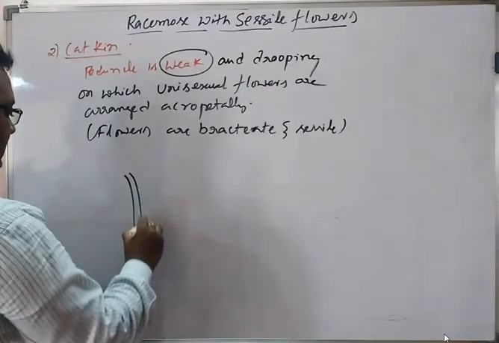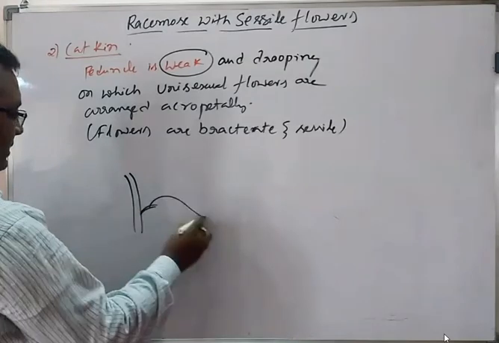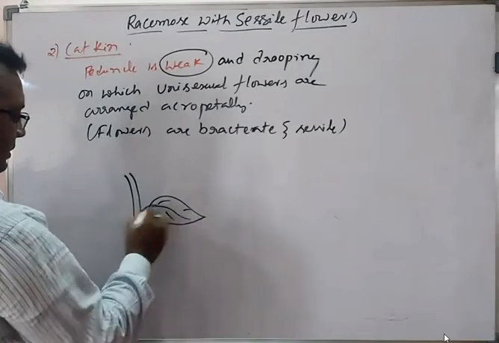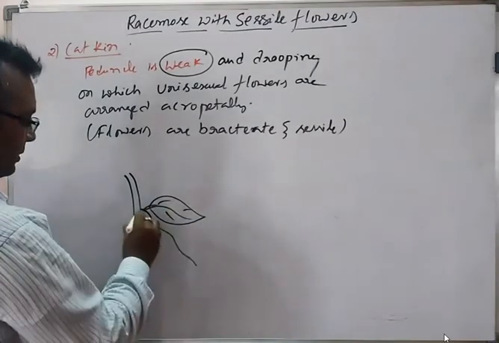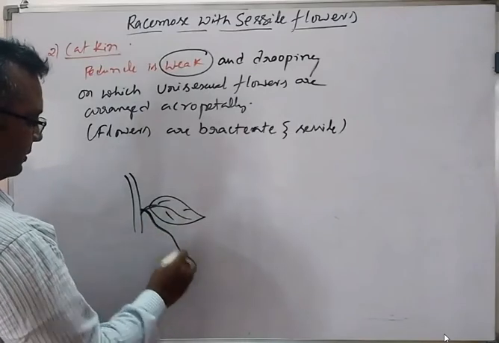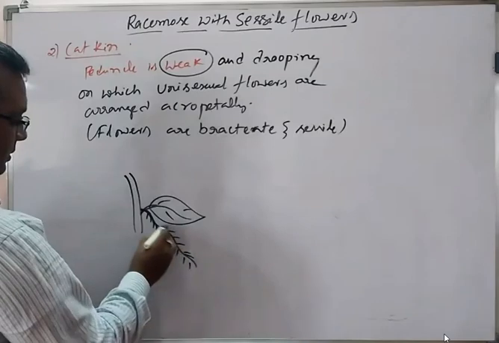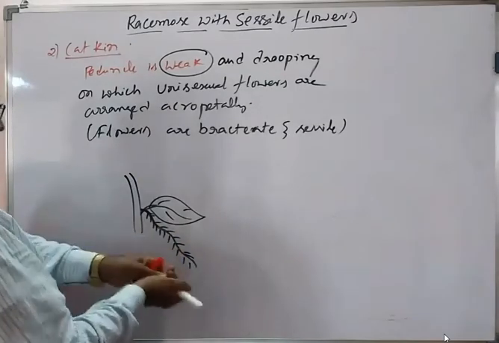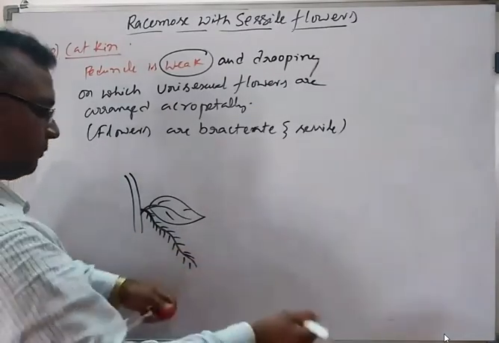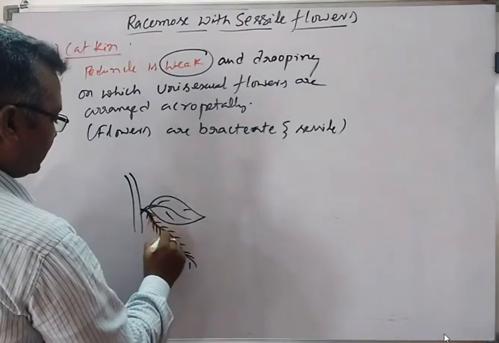Now if you think that this is the plant and here is the leaf, here is the peduncle, and these are the flowers.